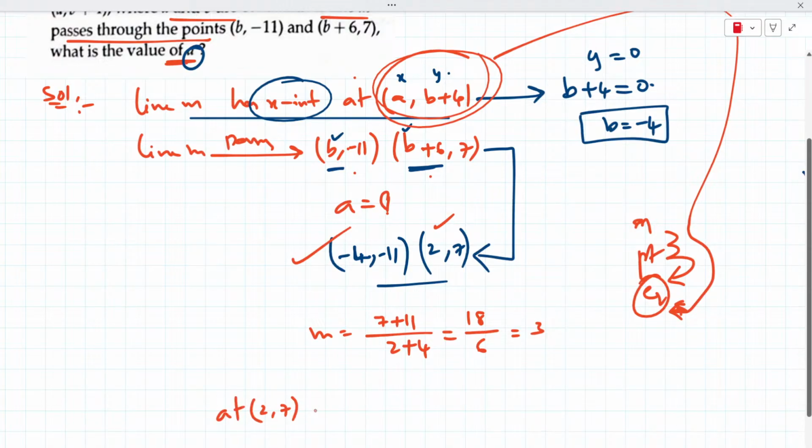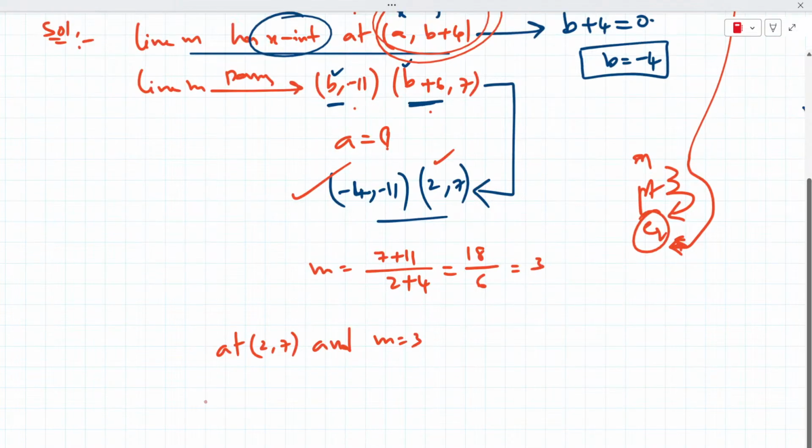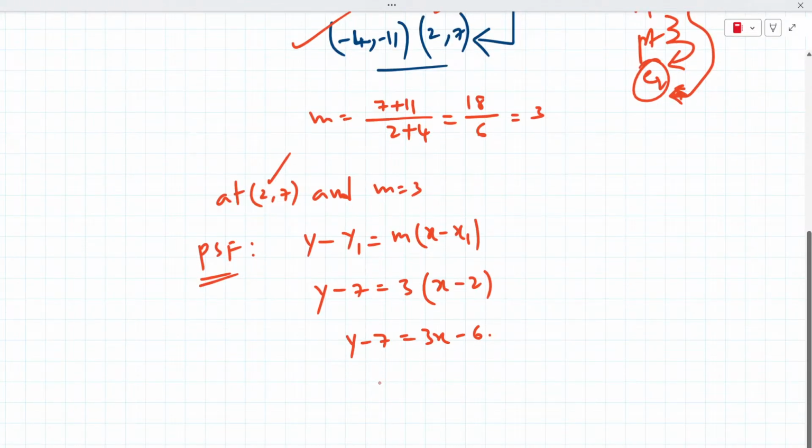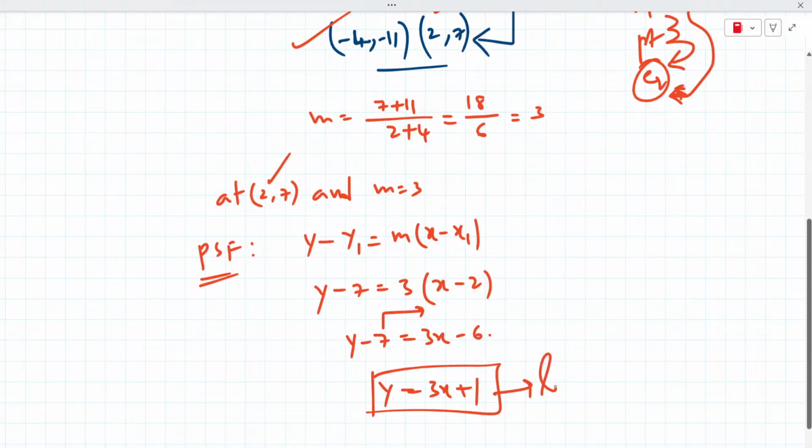With (2, 7) and m equals 3, I use point slope form: y minus y1 equals m times x minus x1. That's y minus 7 equals 3 times x minus 2. Y minus 7 equals 3x minus 6, and y equals 3x plus 1. I got the equation of line M.